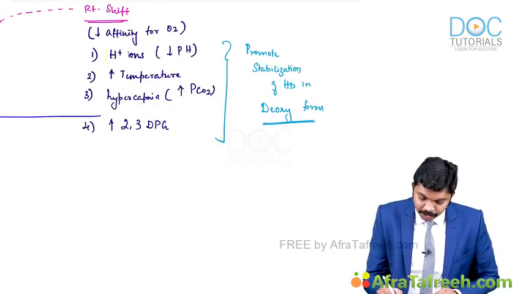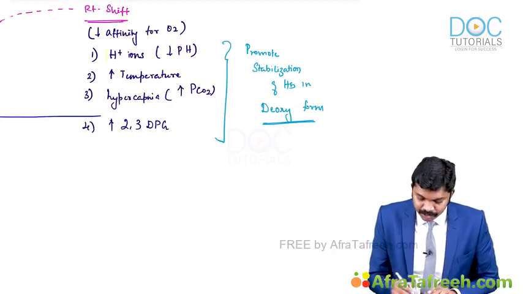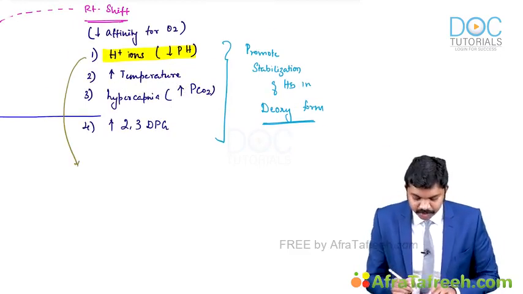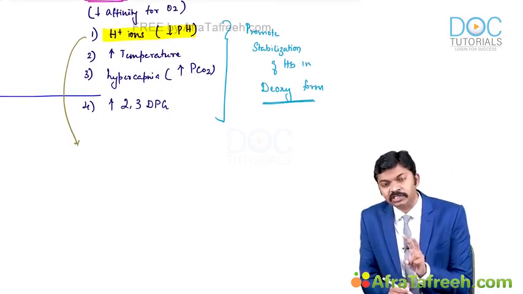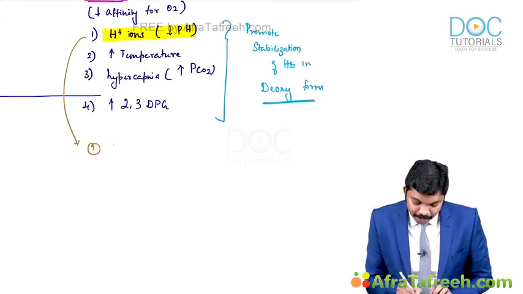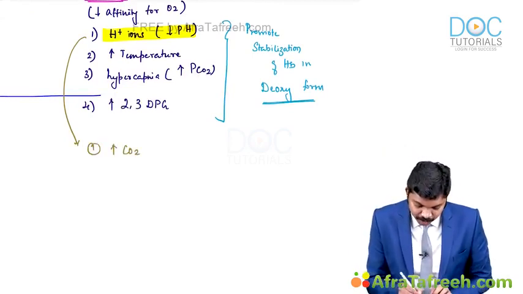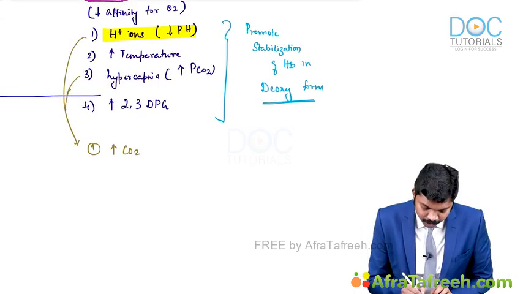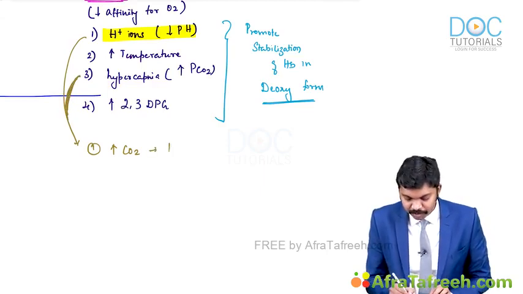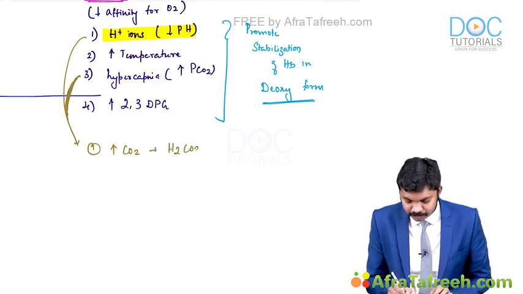When it comes to H plus ion, you also need to know an extra point in detail, friends. There are two ways H plus ion can be increased. Point number 1, you can have increased presence of carbon dioxide. We will take option 3 also here. Because carbon dioxide is more, there is going to be formation of carbonic acid.